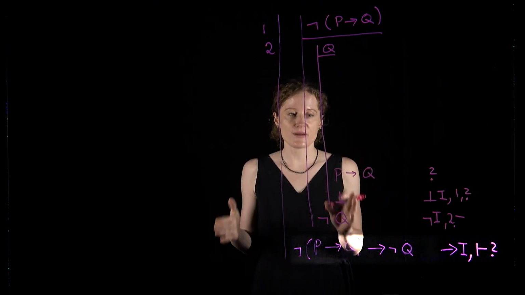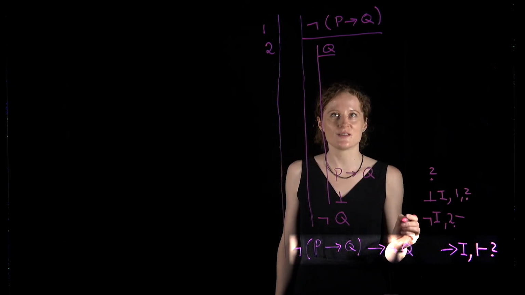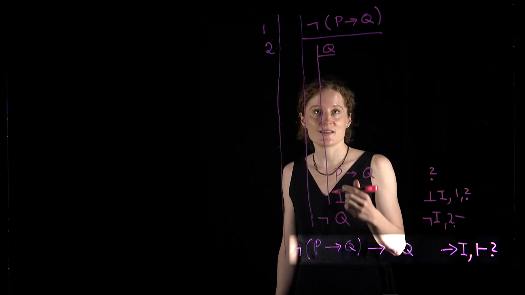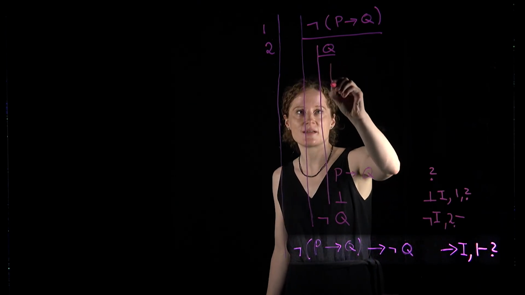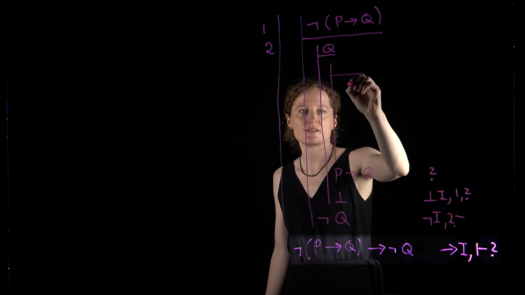Okay, so now the question is, how can I prove this conditional if P then Q? Well, the main connective is a conditional, suggesting to me that I can prove this using conditional introduction.